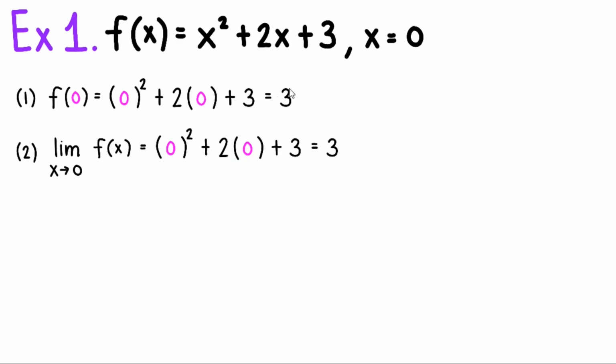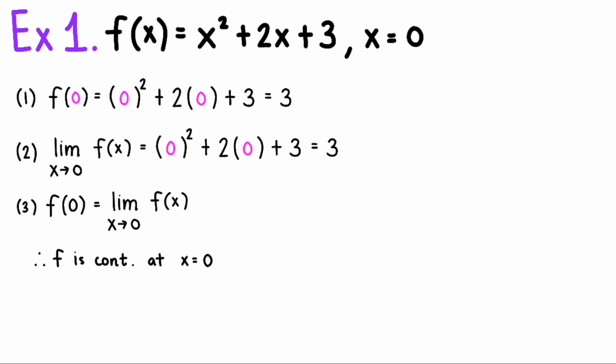Now, since these two are equal, then for the third condition, clearly, f of 0 is equal to the limit of f of x as x approaches 0. So the three conditions are satisfied. And so, since these three are satisfied, we say that f is continuous at x equals 0. So we have found the continuity of the given function at this given point.